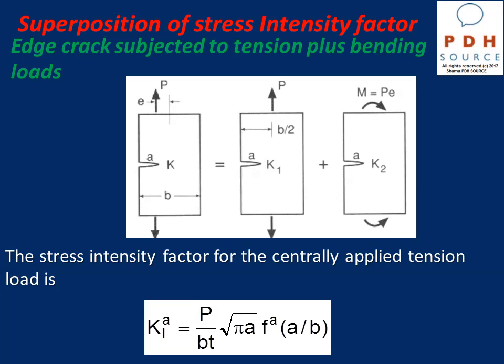So here, the stress intensity factor for tension can be represented by this equation multiplied by FA of A over B, and we know FA of A over B can be determined based on the polynomial that we showed earlier, and sigma is basically the load divided by the thickness multiplied by the width of the plate.